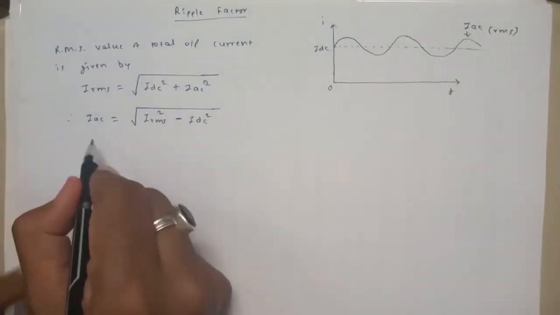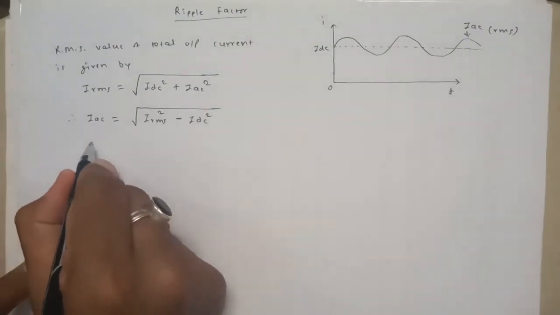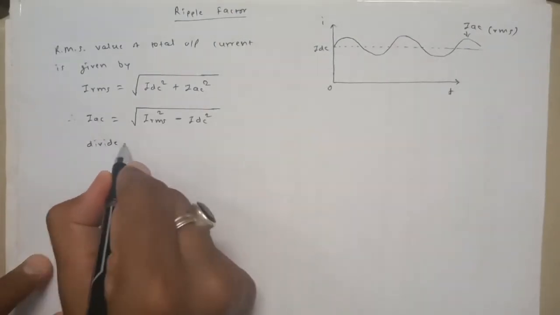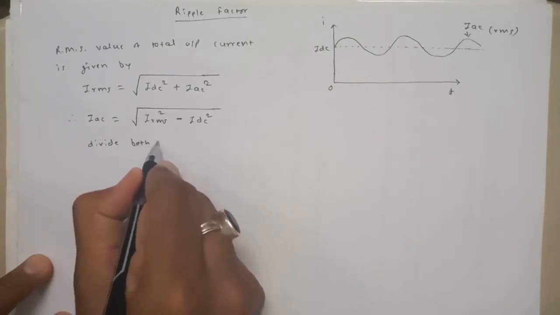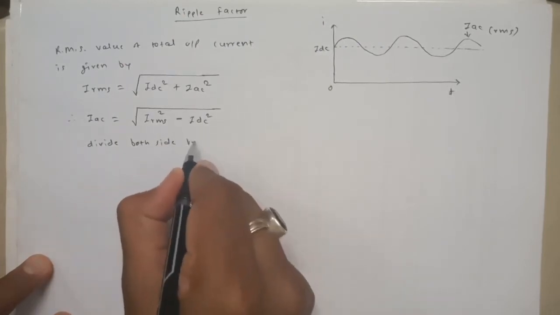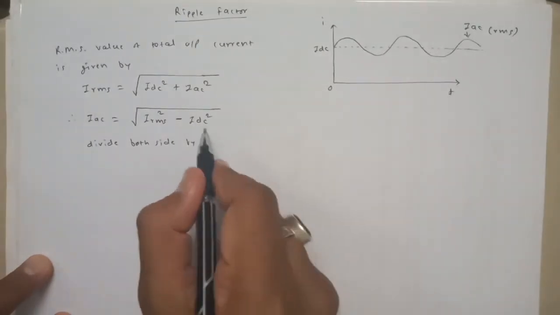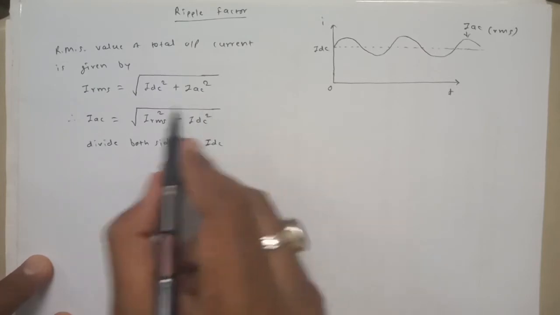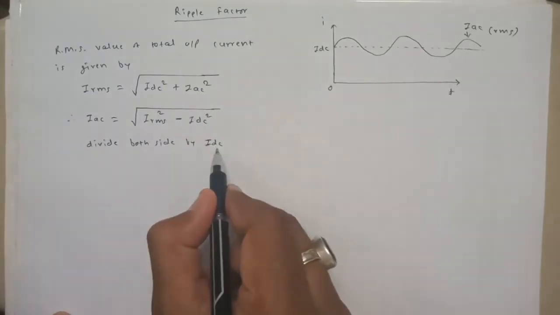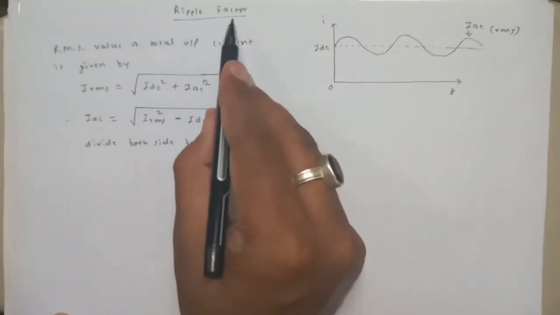Now further what we can do is divide both sides by IDC, because what I am interested in is the ratio of IAC by IDC, because I am interested in calculating the ripple factor.